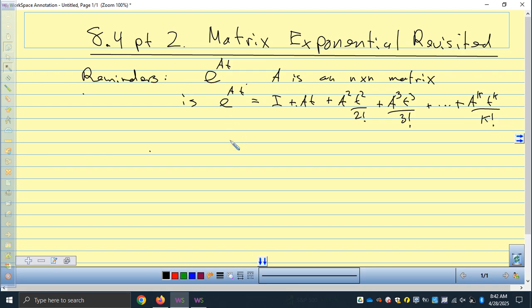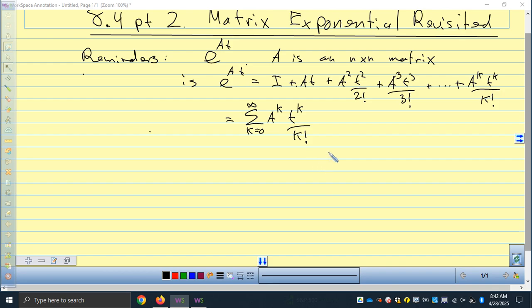We could say this is the summation k equals 0 to infinity of A to the k t to the k over k factorial. It's a power series for e to the x, or e to the some number times x, but instead of a number we have a matrix. So we're computing powers of that matrix.